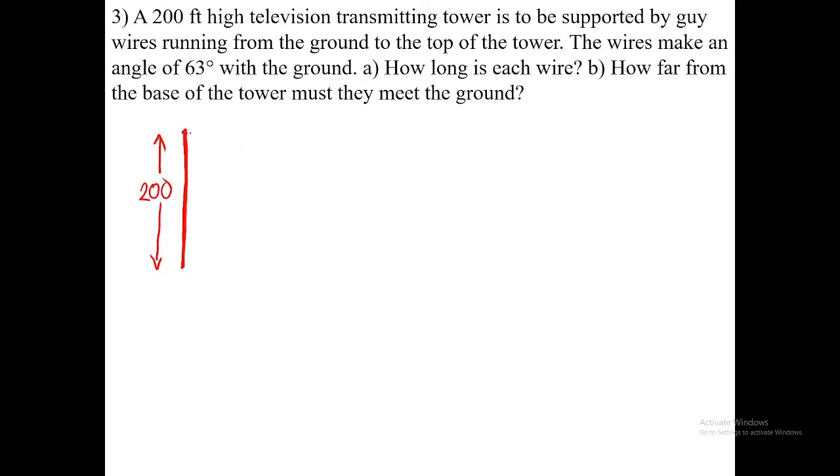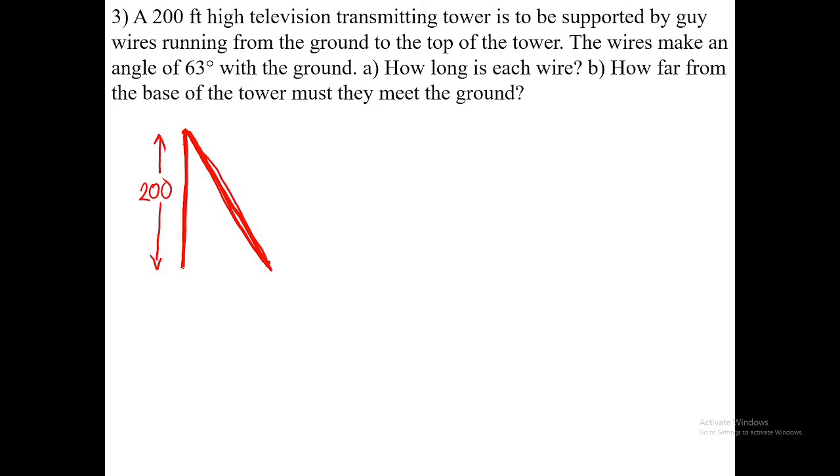From the top going here, there is a guy wire supporting it. So we have here a guy wire from the top of the tower going to a certain point on the ground. The wire makes an angle of 63 degrees with the ground.